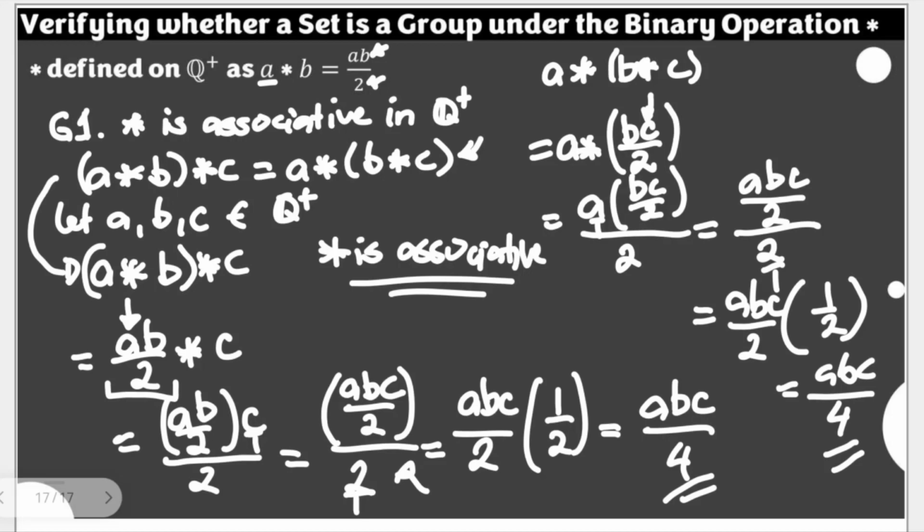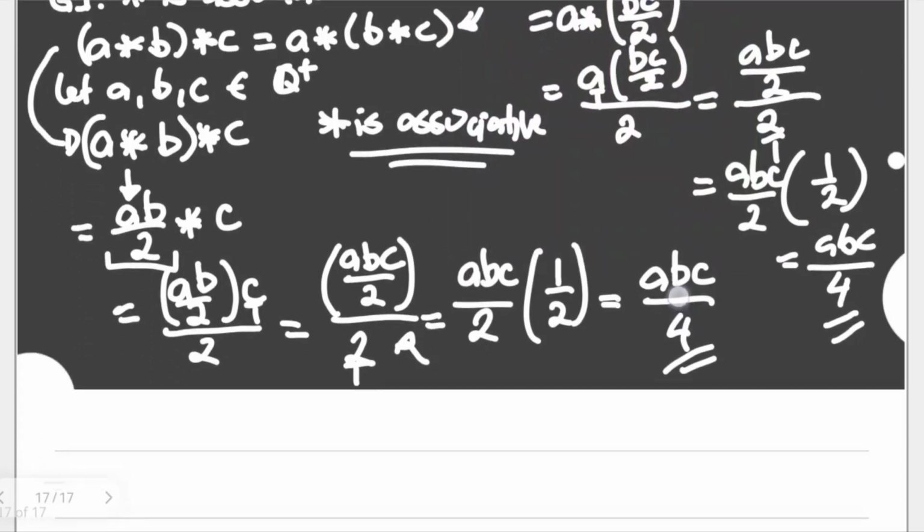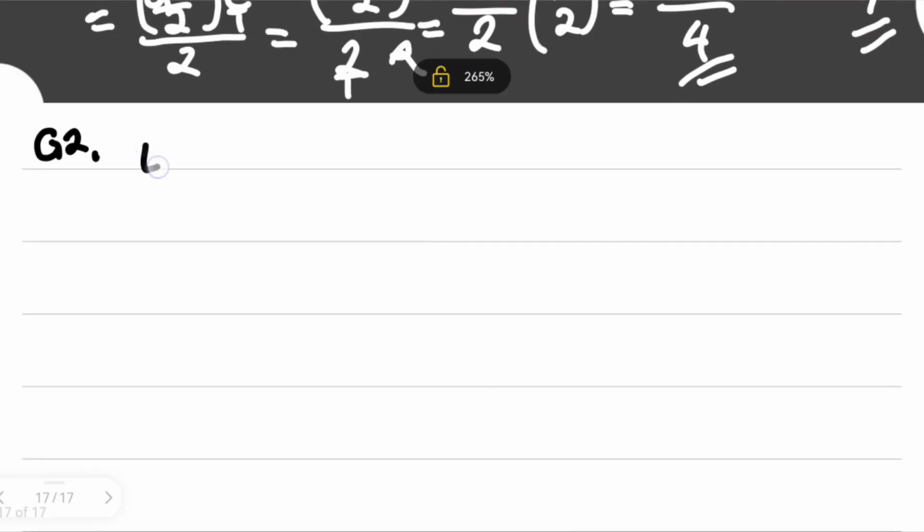Let me use another color here because we will be using the spaces at the bottom. So G2. What is G2? The content of G2 is that there exists an identity element on the set that will satisfy a certain equation.